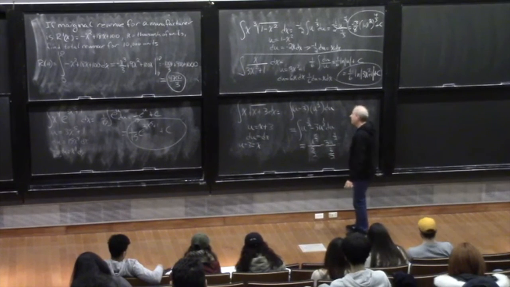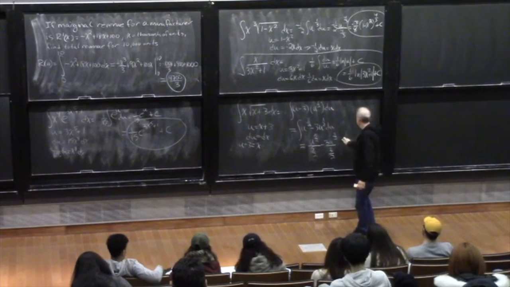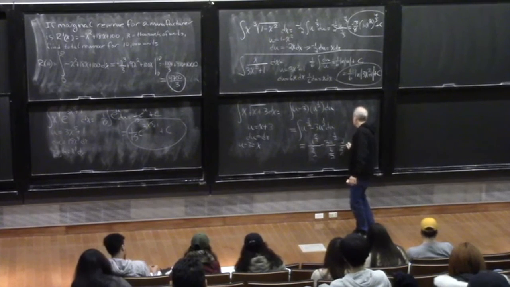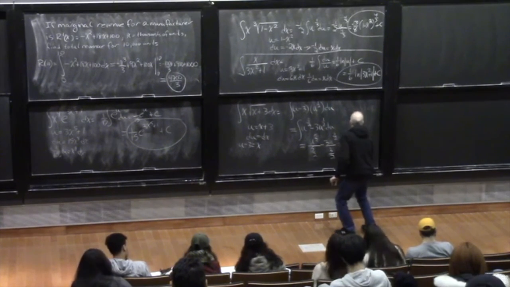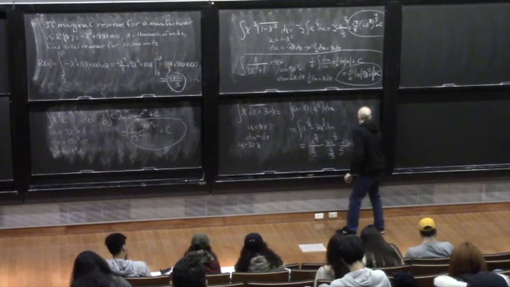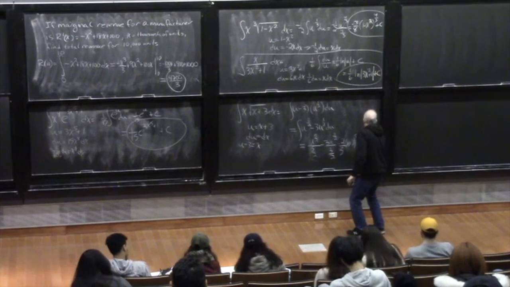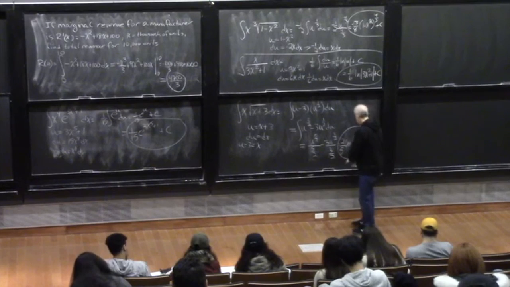And then if you substitute back, it is 2/5 x plus 3 to the 5/2 minus 2 x plus 3 to the 3/2 plus a constant.